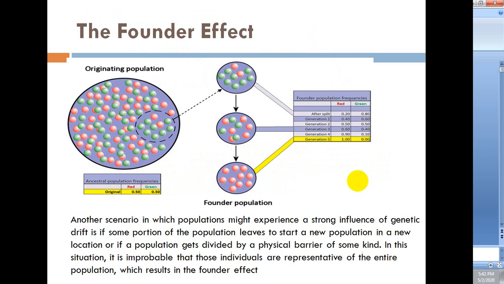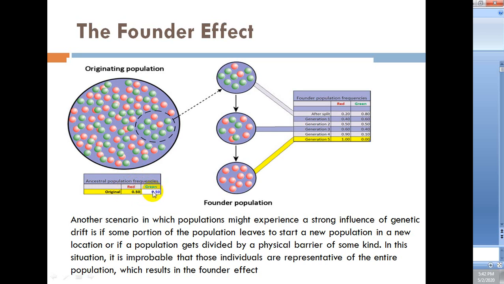Now, with the same founder effect, you can see here that this is the larger population where these red and green beads represent the alleles. Here the red are 50% and the green are 50%, or the allelic frequency is 0.5 in the case of red, and so also in green.